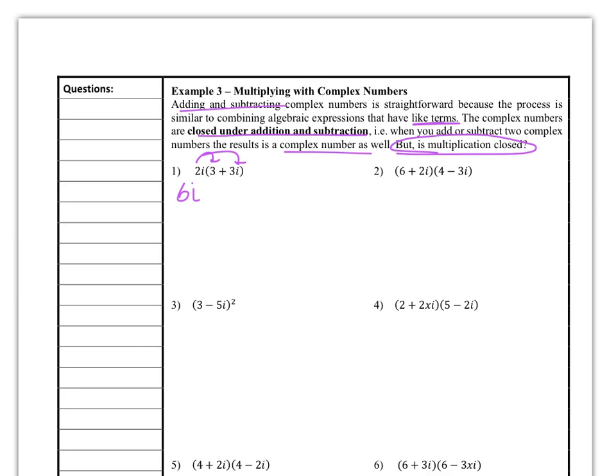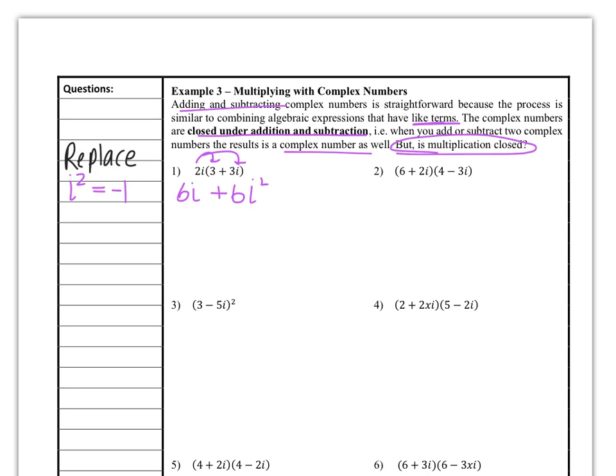And then the next part, 2 times 3, is again 6, but i times i gives us i squared. And if you recall, we said i squared is equivalent to negative 1. If it gets typed into your calculator or if you remember the little cycle. So we want to replace i squared with negative 1.